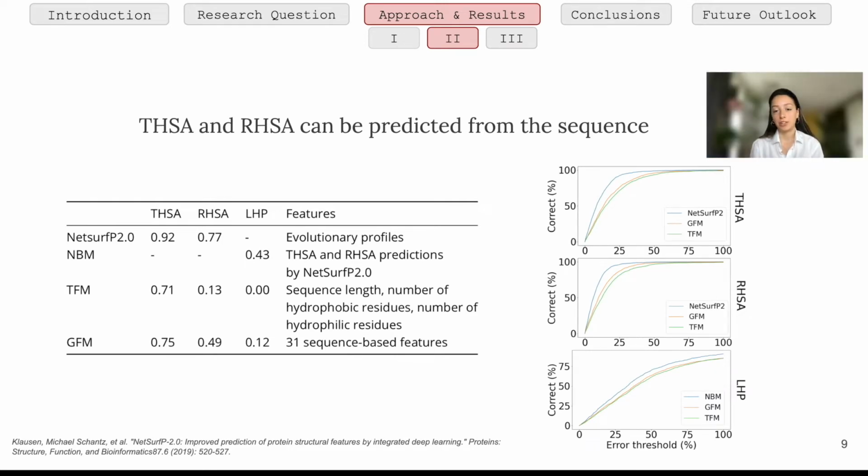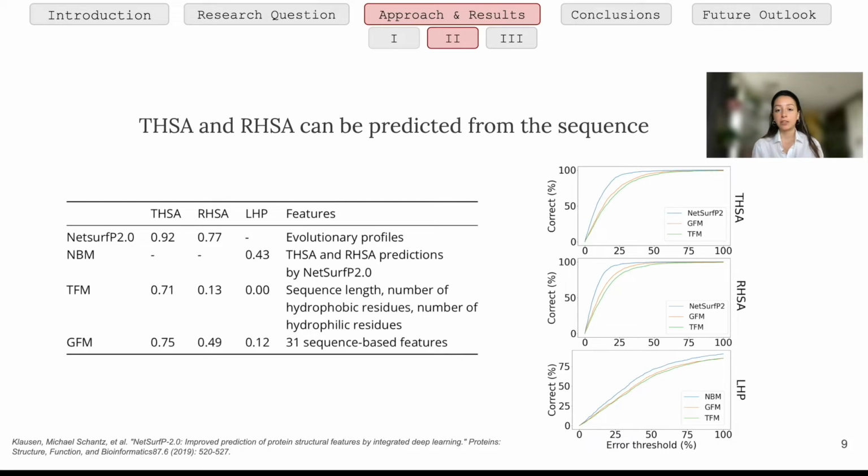As Juami mentioned, after structure-based definitions, we moved on to the second part of the study. Since there are many more protein sequences than structures available, it's highly valuable to be able to predict these hydrophobic measures straight from the sequence, which will allow us to characterize a much broader set of proteins. To predict the total and relative hydrophobic surface area, we used a tool called NetSurfB, which provides surface accessibility predictions per residue.